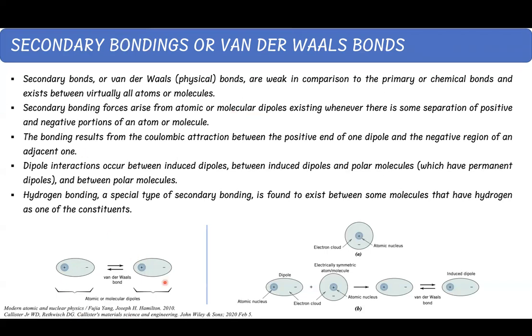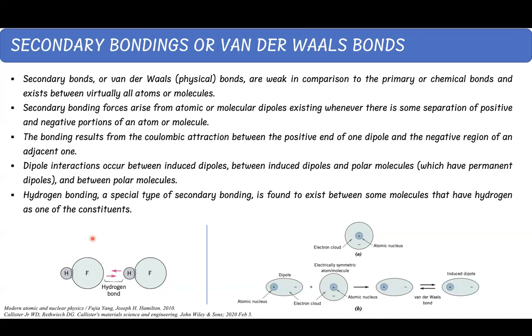So in the first figure, the atoms have one side positive and one side negative, right? That is a dipole. There will be interaction between these two dipoles, and we find van der Waals bonding. The same concept applies to hydrogen fluoride.